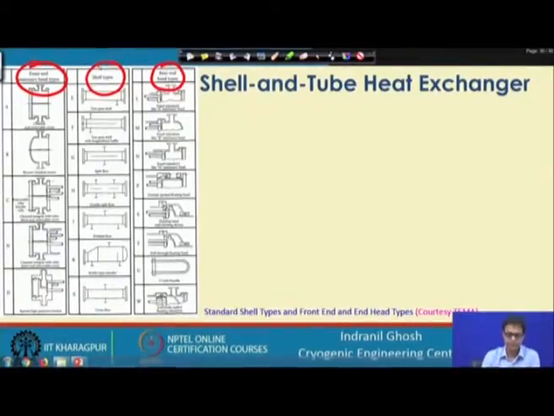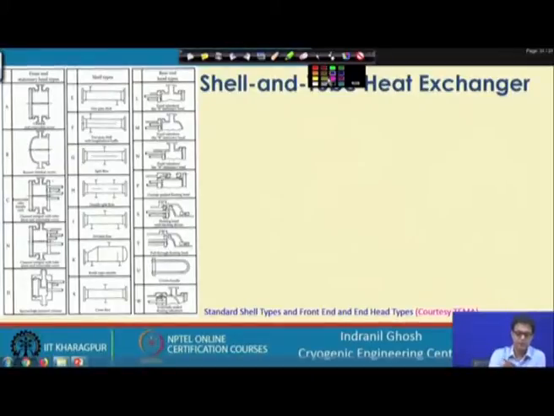So, as you have seen in the previous slides, we have one entry side, one exit or the rear side, and then we have the different types of shells. These are as per the specification or the standards. We cannot just like that design or choose any type of shell, and they are numbered alphabetically.